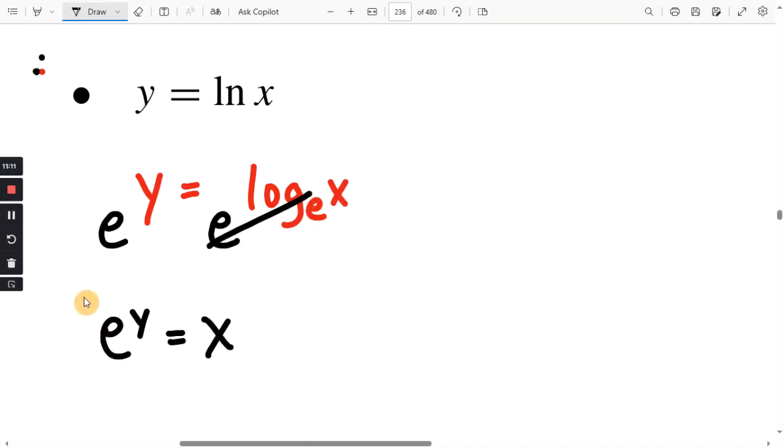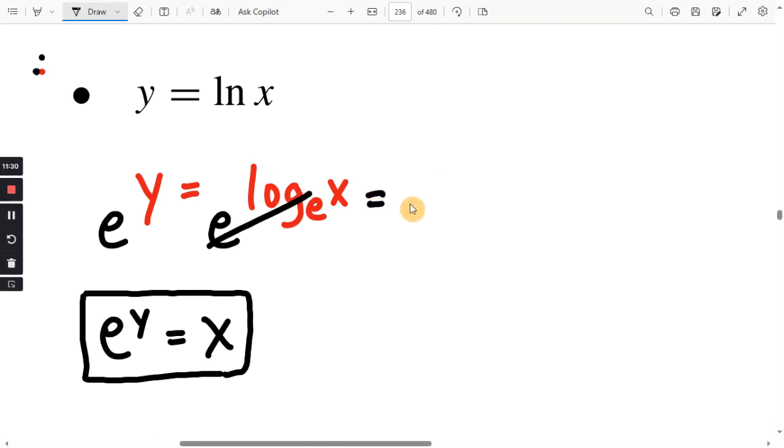All right, so this is what we're going to graph. E to the y equals x. Just like last time, we're going to plug in the values for y instead of x because we have x equals. All right, by the way, this would have been the same thing as e to the power of ln of x. That's the same thing.